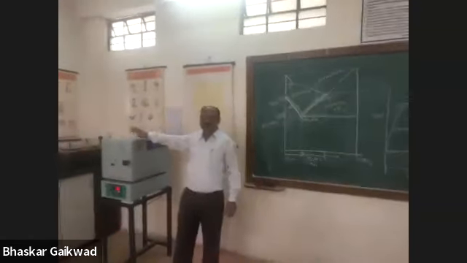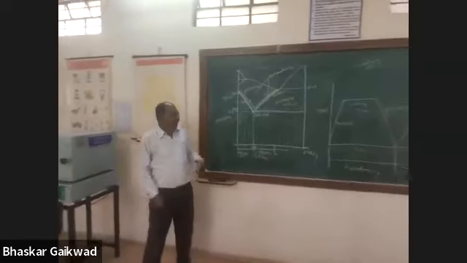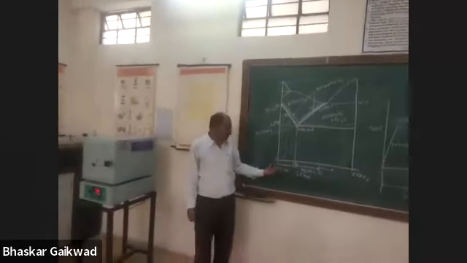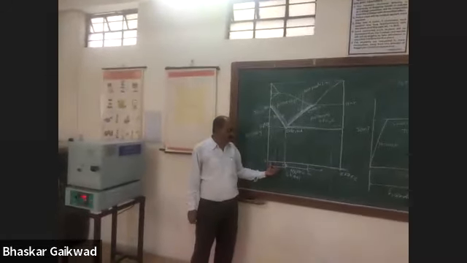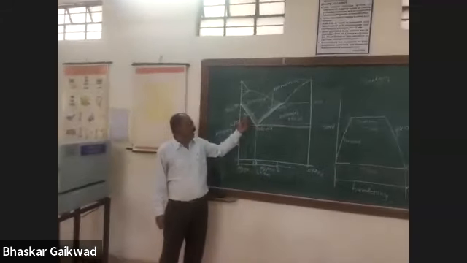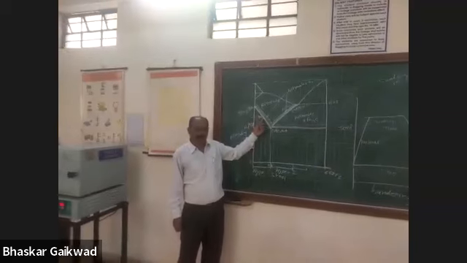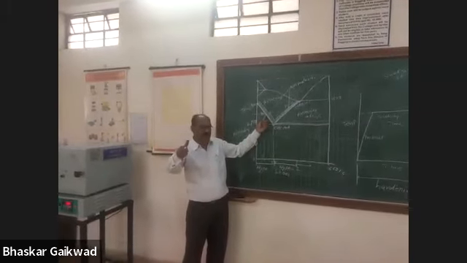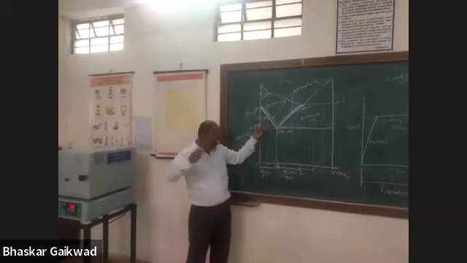So once again I will repeat the annealing process. For hypoeutectoid steel, heat the component above A3 by 30 to 50 degrees. After that, there will be soaking time, and after that, furnace cooling.